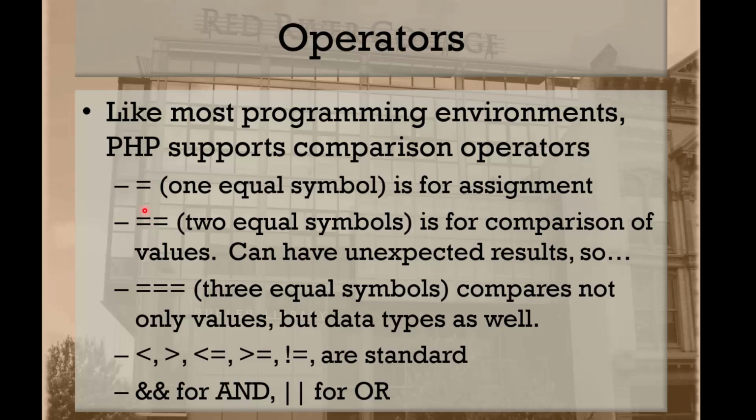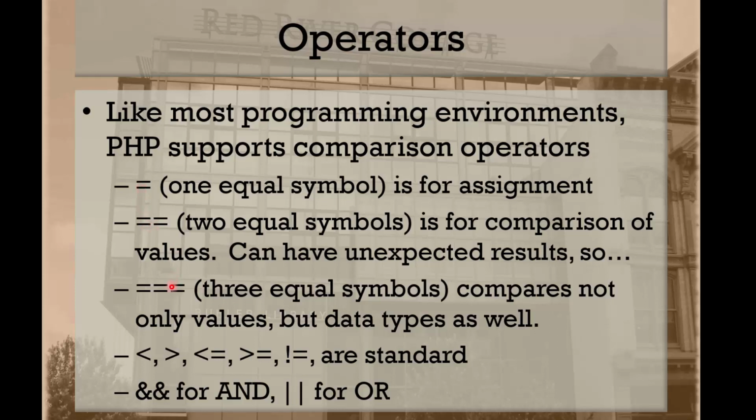A comparison is done with two equals. If something equals something, that is when you use two equals. Or if you want to compare the data types as well, three equals. We rarely see this, but if you want to compare values and data types, you would use the three equals. A single equal is for assigning a value.